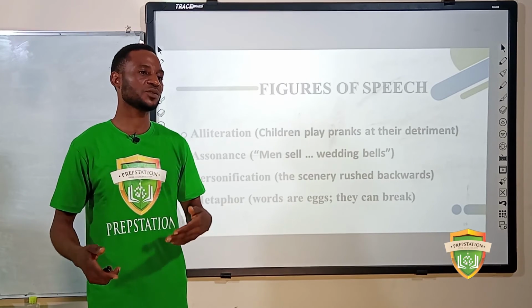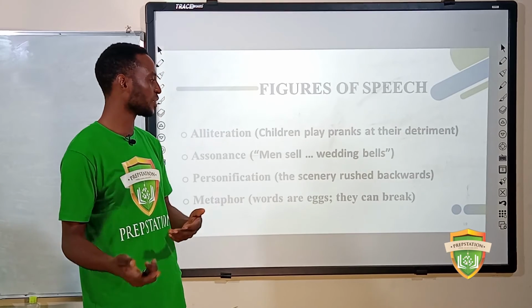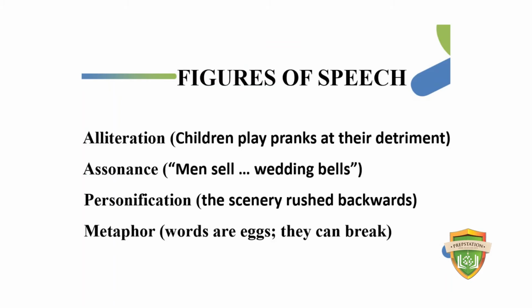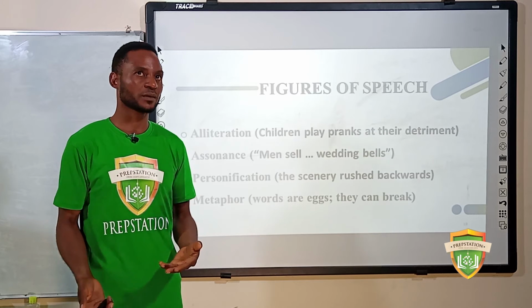A lot of times you have them coming up with expressions that are metaphorical. For instance, a metaphor in this example is: words are eggs, they can break. It's metaphorical.